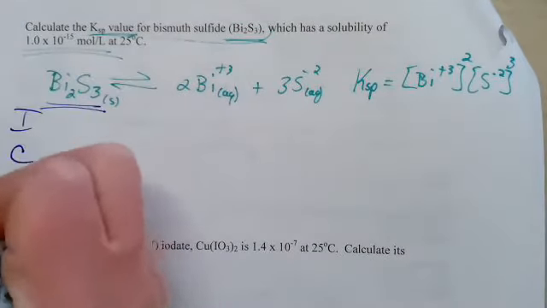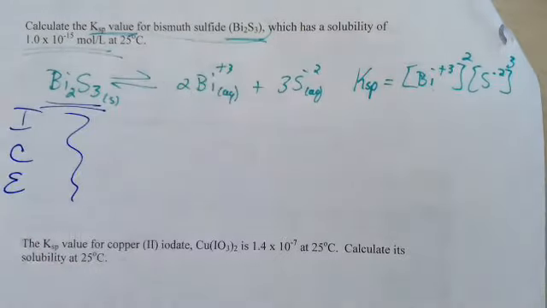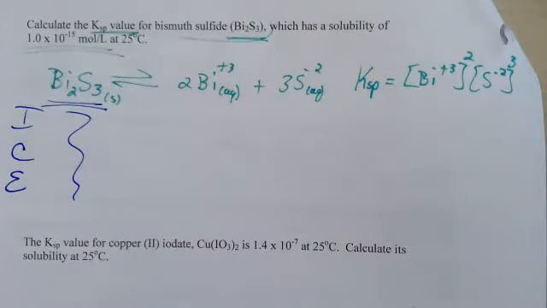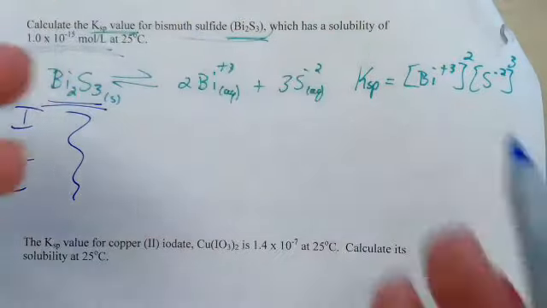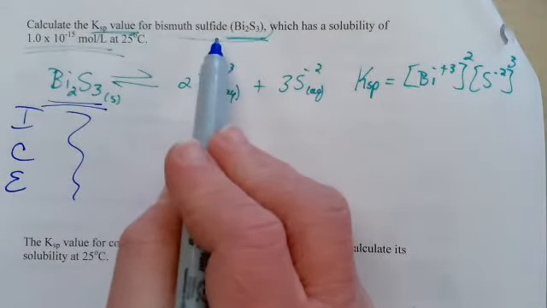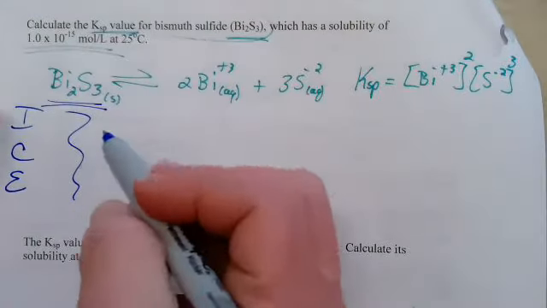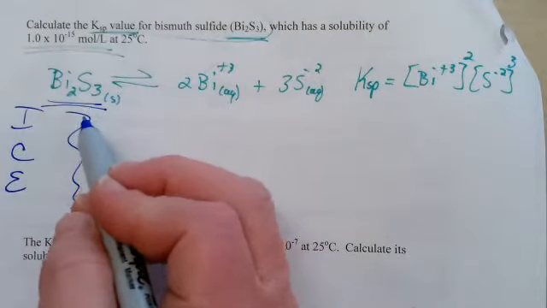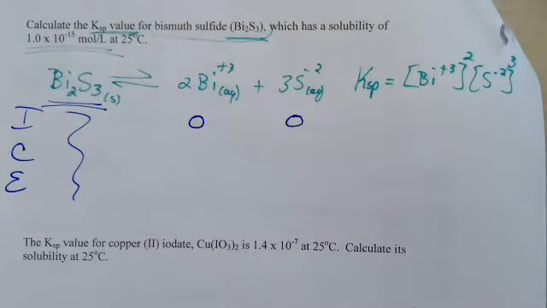So we know we do an ice table. And just like water as a liquid didn't show, we don't do anything for our solid. We're not told we have anything else but the bismuth sulfide. So we assume, just like we did with acids and bases, if that's the only thing we had, that we're just putting this into the solvent and it has yet to dissociate.